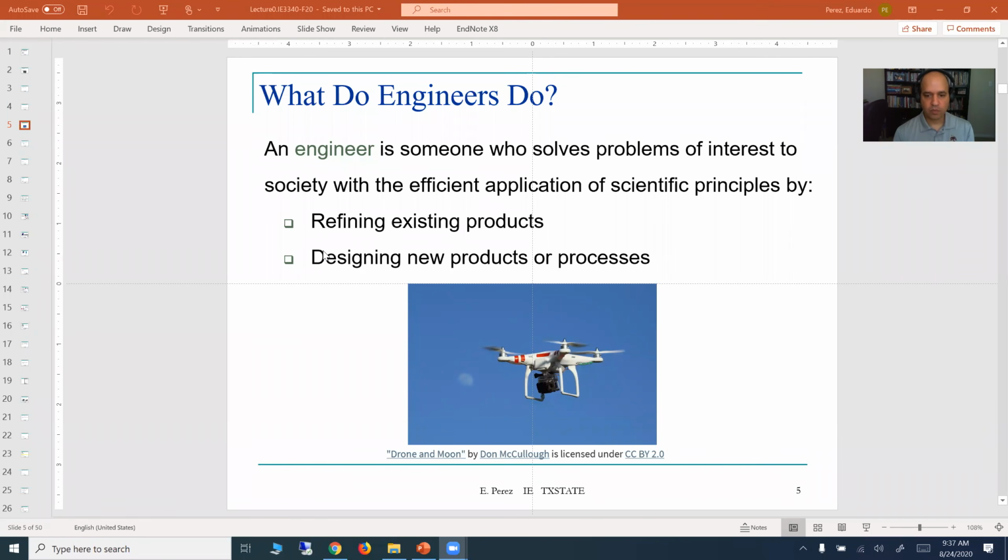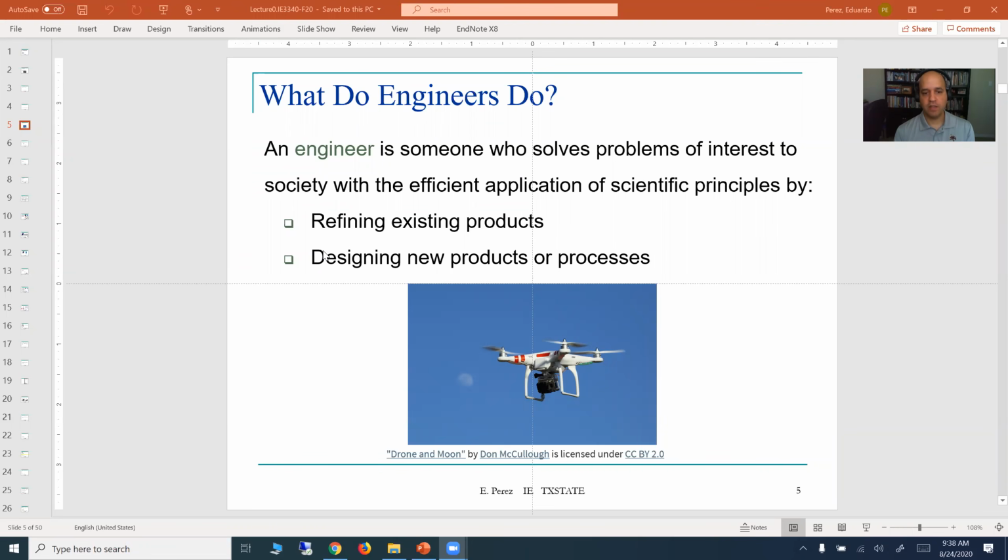And this picture is showing a drone. Ten years ago, maybe this was technology that did not exist, and now you can see how drones are used mostly for picture taking and for getting access to areas that were more difficult a few years ago.